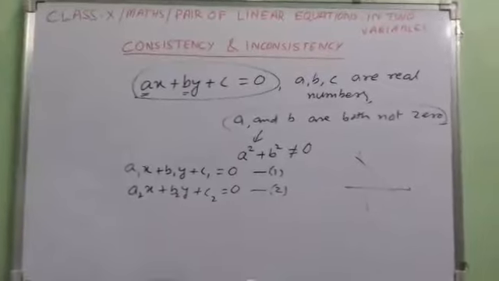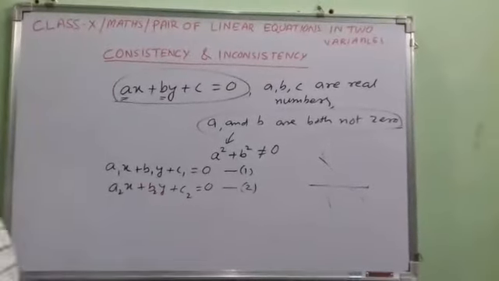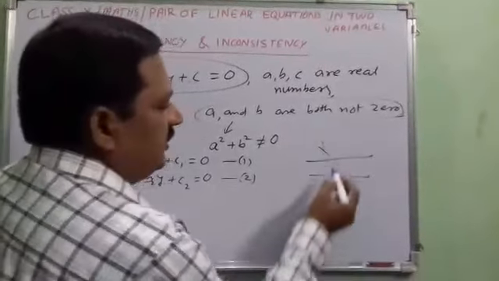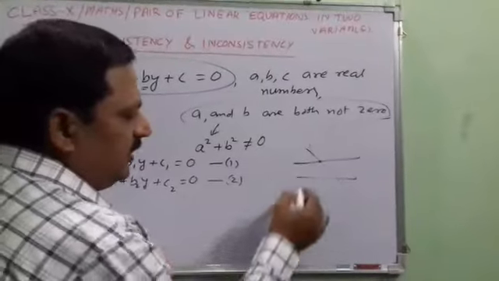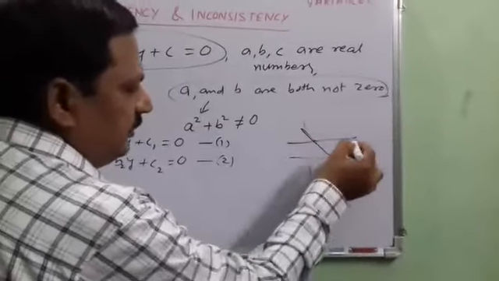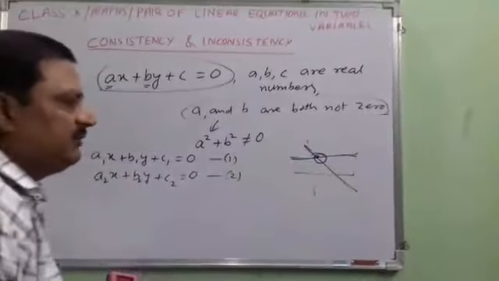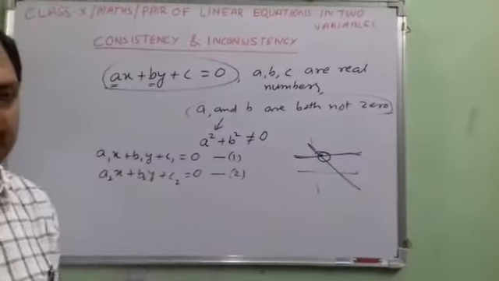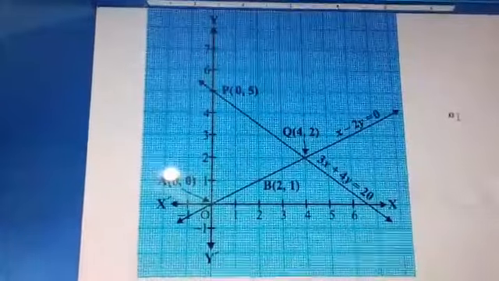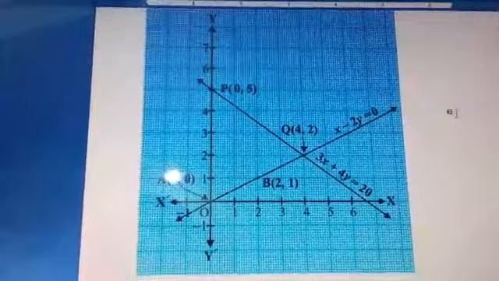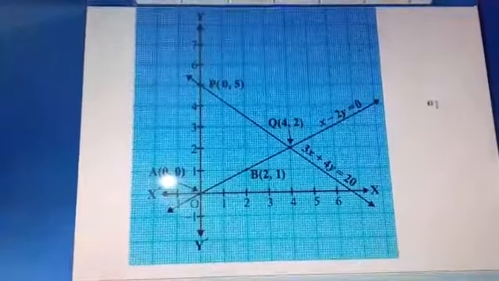That means we shall try to find out some values or points which are common to both the lines. Let it be the common point. Then if between these two lines it is a common point, we can say that this gives you the solution.